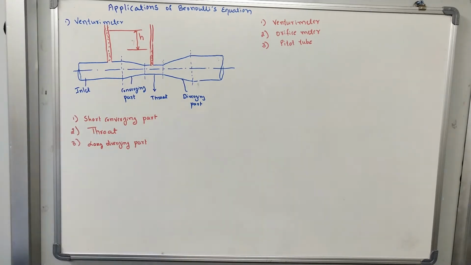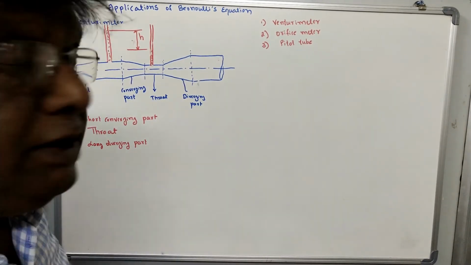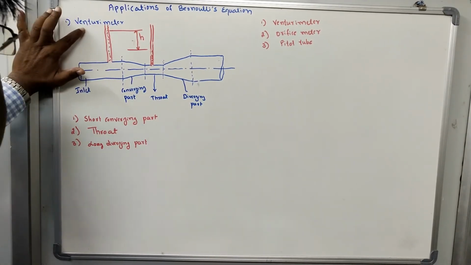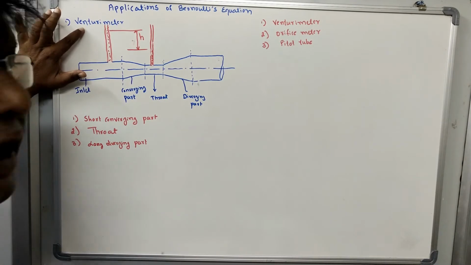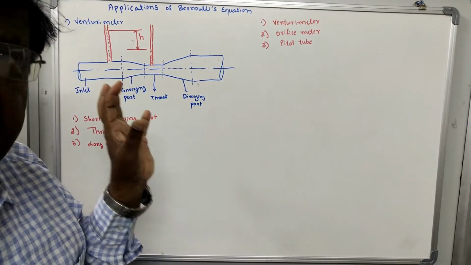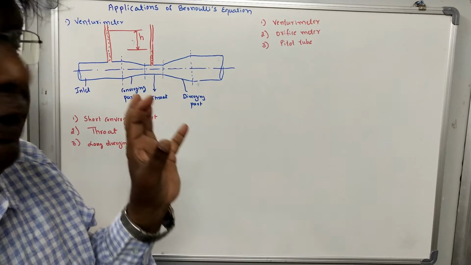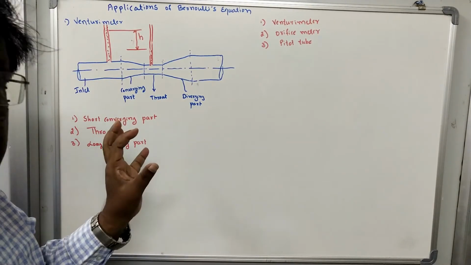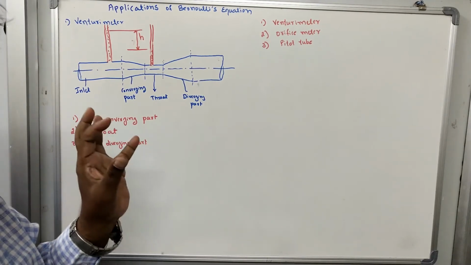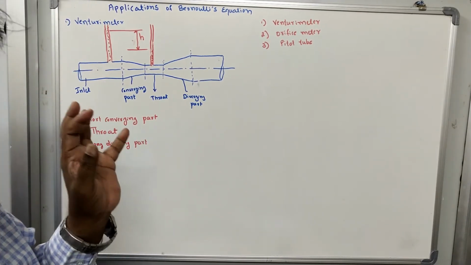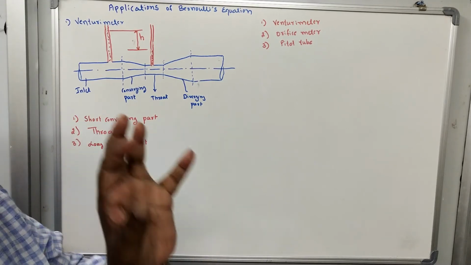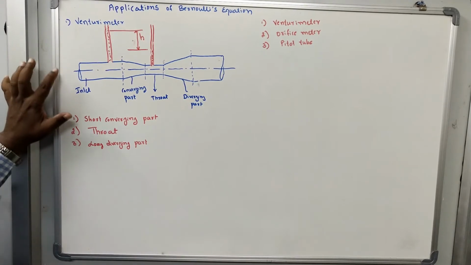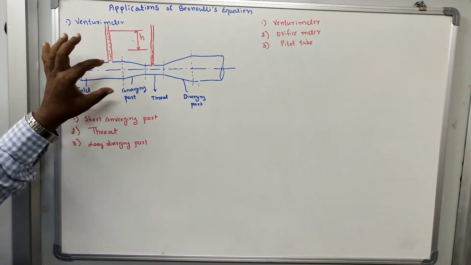What is the venturimeter? Venturimeter is a device, or a sort of arrangement, or you can say an instrument. And this venturimeter, as I have told, is used to measure the discharge or rate of flow through the closed conduit or through the pipe. Then the venturimeter usually consists of three parts.